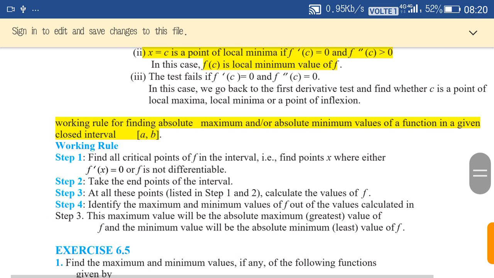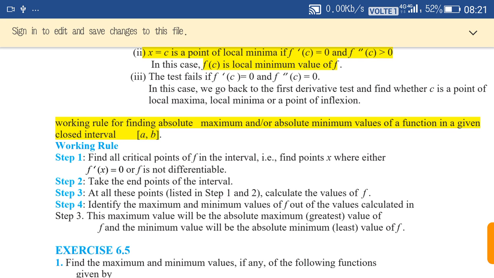Now there is a working rule for finding the absolute maxima and absolute minimum value. You will be given some function, you will differentiate it, put the derivative equal to 0, and we will get critical points.